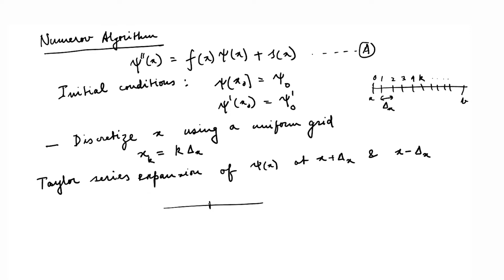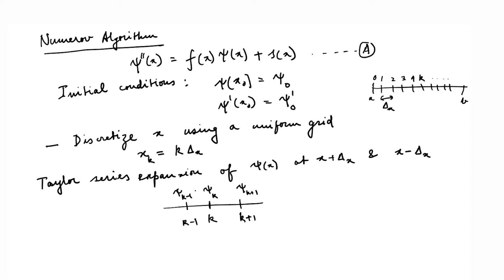Basically, the idea is this is my k, this is my k minus 1 and this is my k plus 1. I know the wave function here as psi k, and this is psi k plus 1 and this is psi k minus 1.